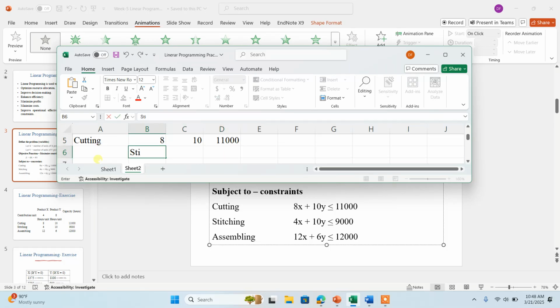Similarly, the stitching department, let me first put the data. It requires 4 hours to produce 1x and 10 hours to produce 1y. The total number of hours is 9,000. The assembling department requires 12 hours to produce 1x and 6 hours to produce 1y, and the total number of hours is 12,000.